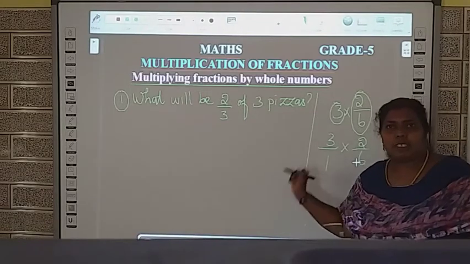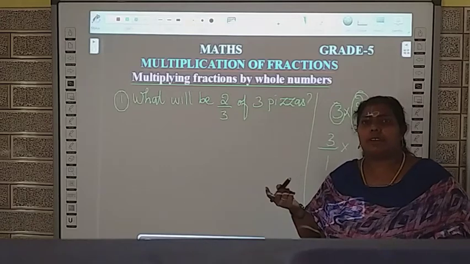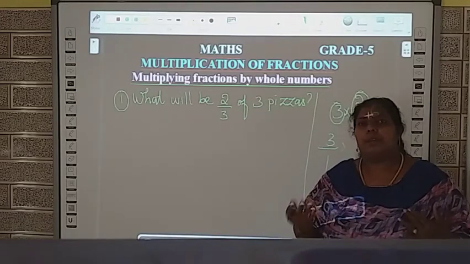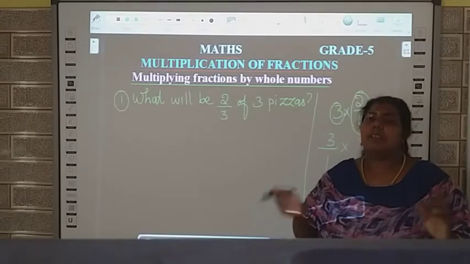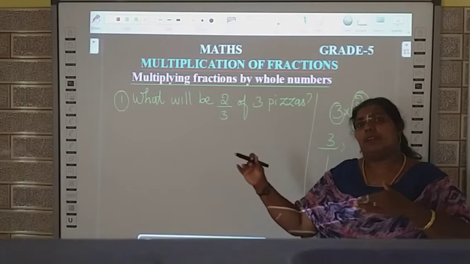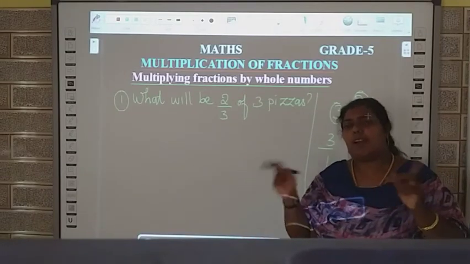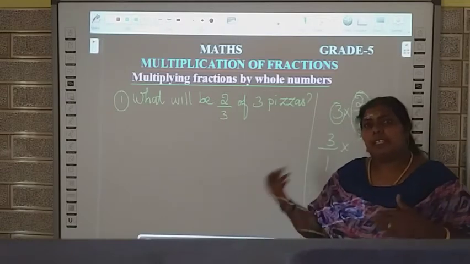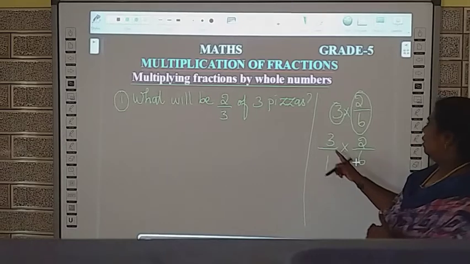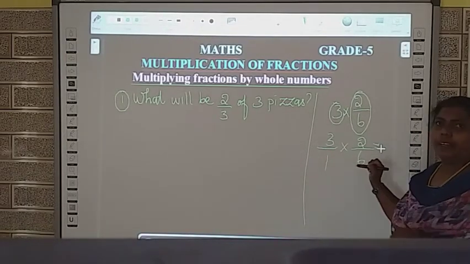In addition or subtraction, if the denominators are different, we have to take the LCM. If the denominators are the same, you write the denominator as it is, and on the numerator part you add or subtract, right? But multiplication is different. Okay, in multiplication you can multiply the numerators and the denominators.